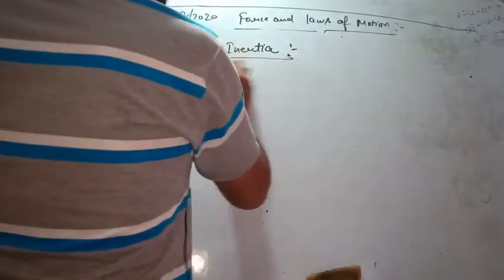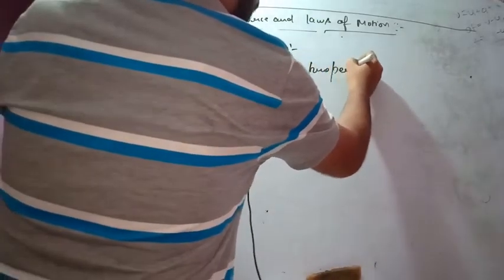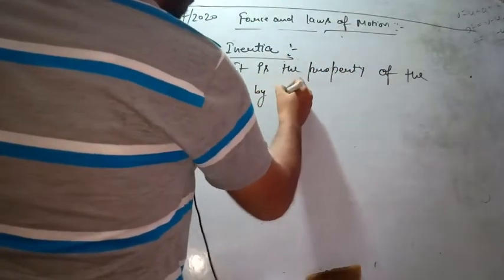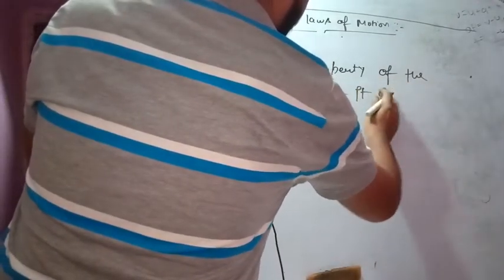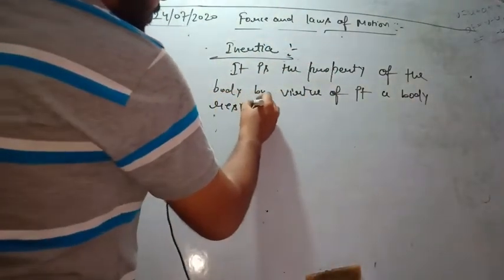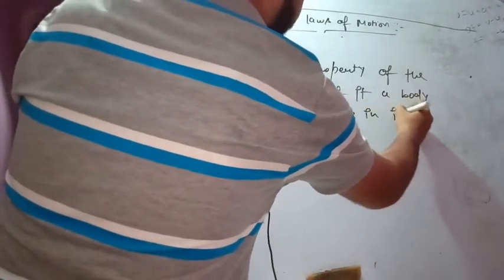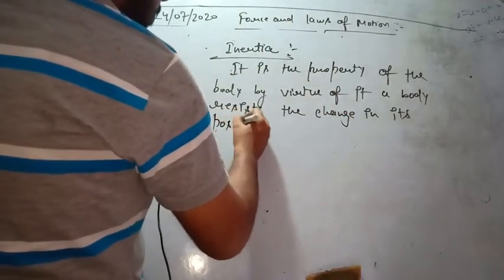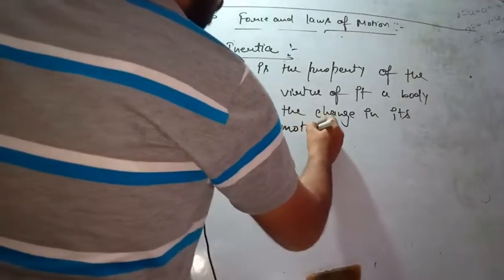Inertia: it is the property of the body by virtue of which a body resists the change in its shape, its position, motion or direction of motion.